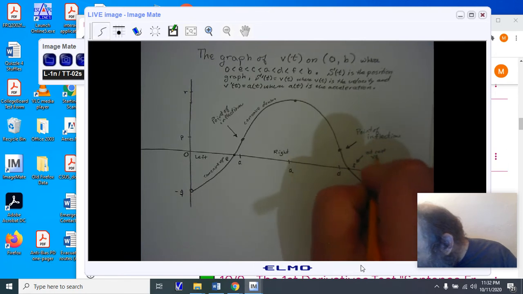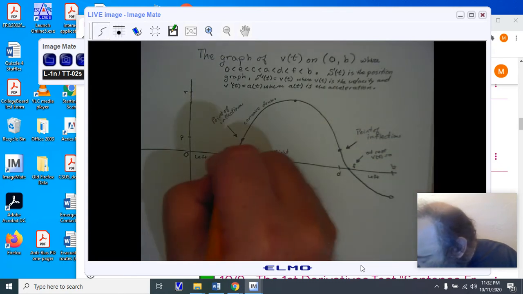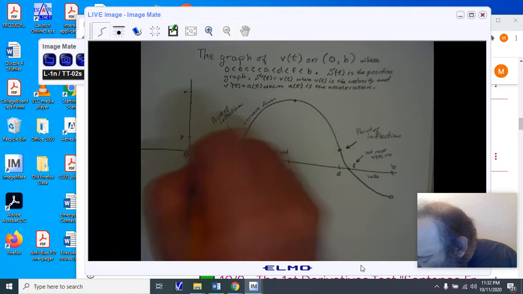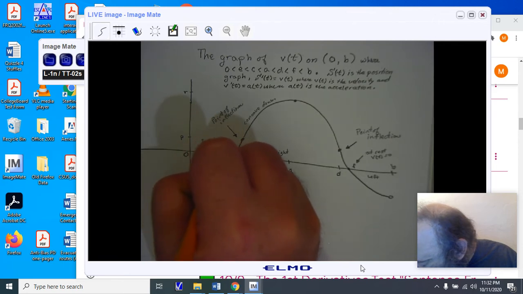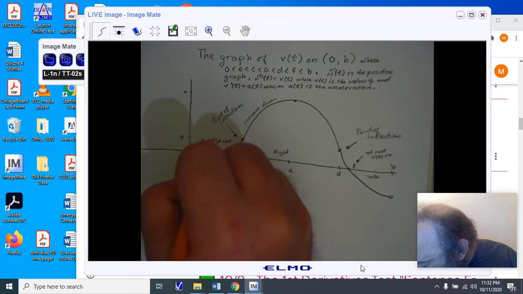This is because our velocity v of t equals 0. And over here at E, we have another particle at rest, and that's because our velocity v of t equals 0.